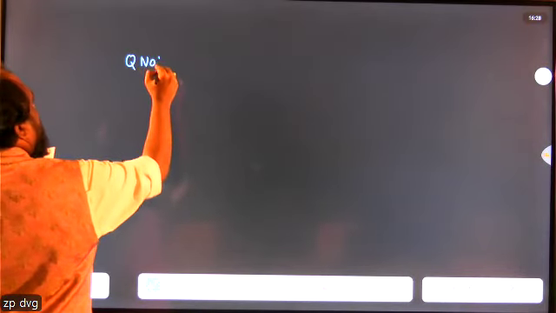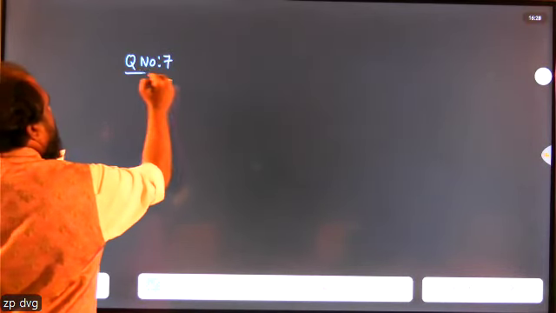Let's talk about question number 7. Listen, children, for every question, we are finding out the keywords. Question number 7: Mendel found that the reciprocal process yields identical results.